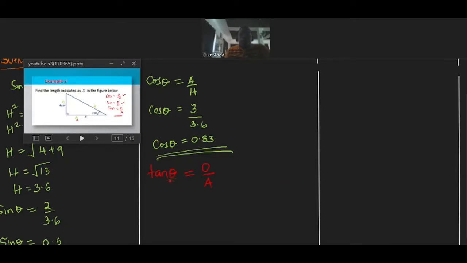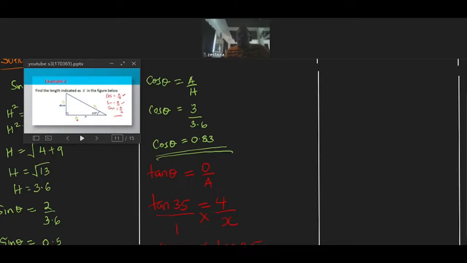So we have our theta, and we shall have tan of theta, 35 degrees, is equal to the opposite, which is 4, out of the adjacent, which is x. Okay? So cross multiply. So our 4 will be equal to x tan 35.